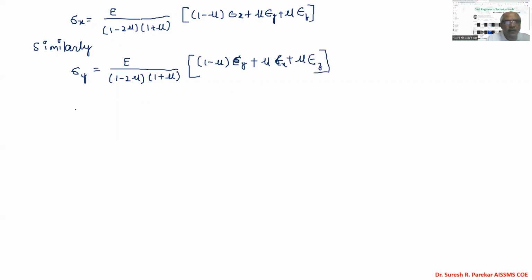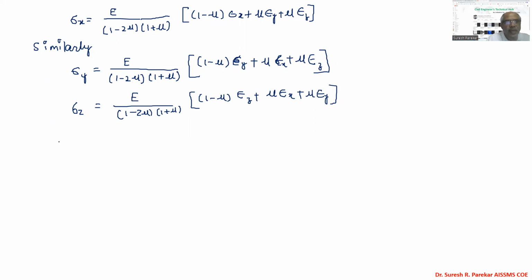And similarly, for sigma z, we have E upon 1 minus 2 mu, 1 plus mu into 1 minus mu epsilon z plus mu epsilon x plus mu epsilon y. Now, these are for normal stresses.